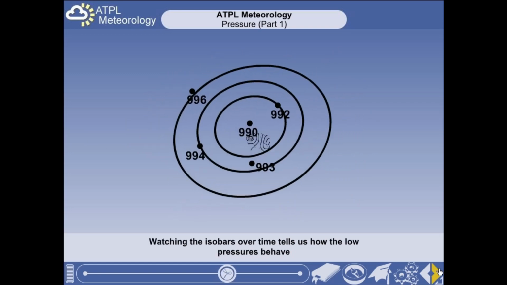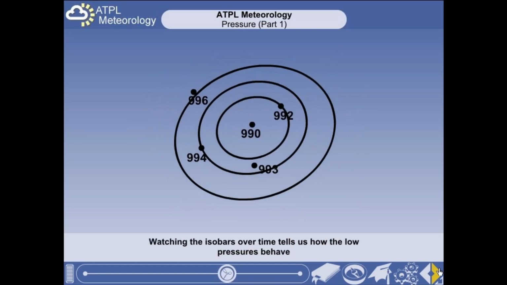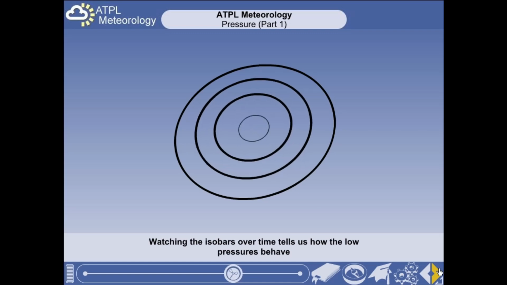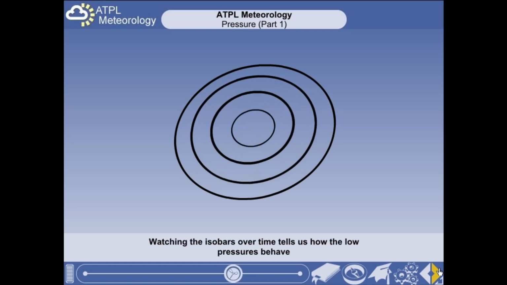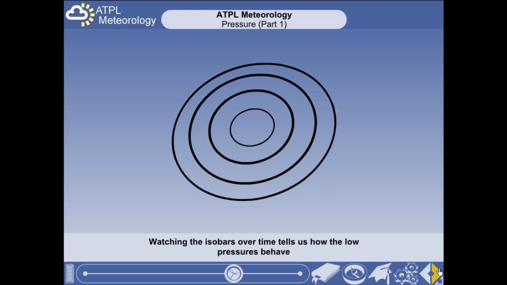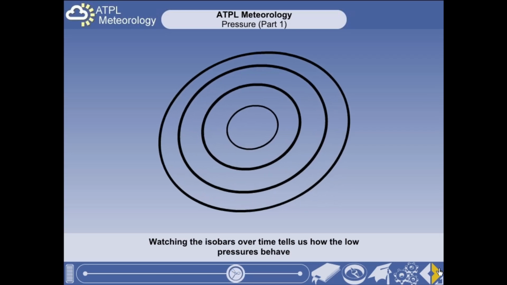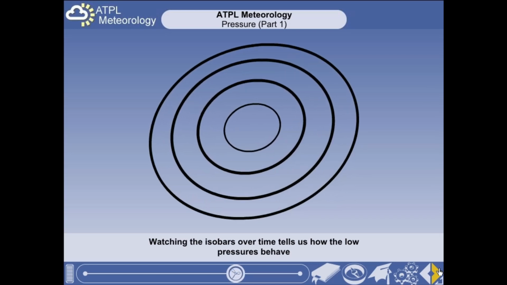By watching the isobars change shape over time, we can see how these systems behave. If they were to intensify or deepen, we would see new concentric lower-value isobars appearing within the central part of the depression. If the isobars move outwards from the centre, then the depression is growing outwards and covering a wider area.